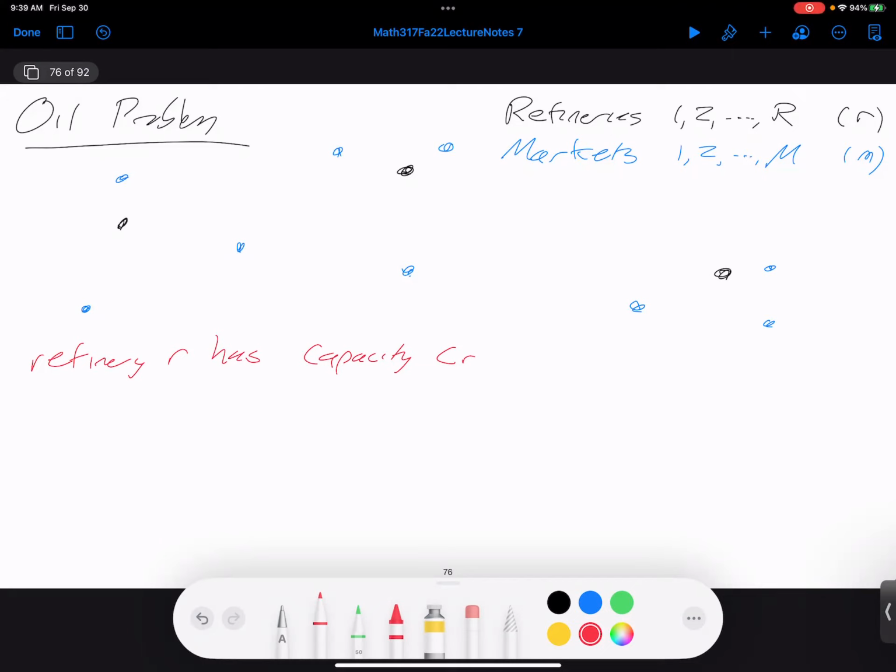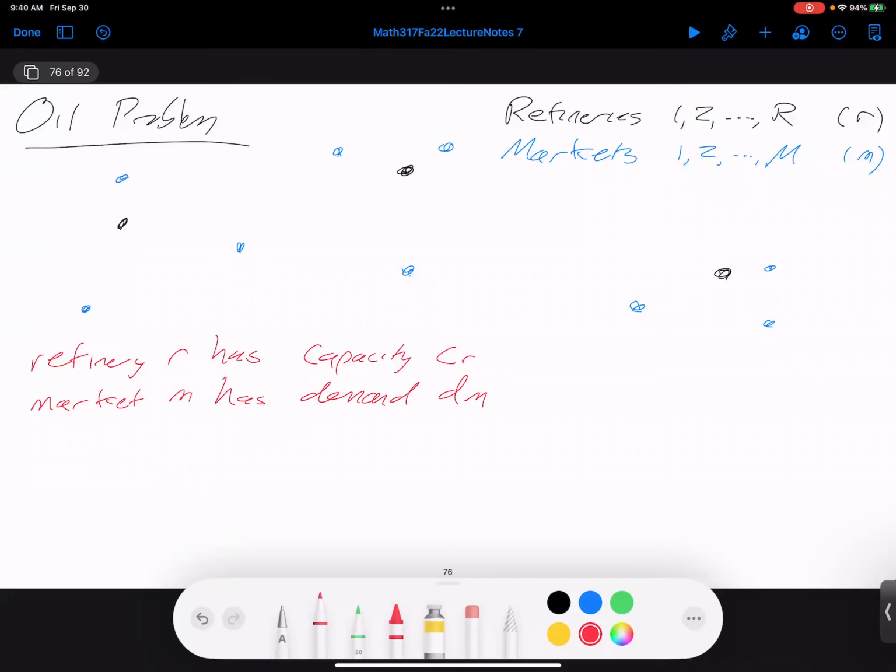Well, the markets will have demands. So market m has demand, maybe D sub m. Okay. And there's one more piece of information I need when I'm trying to decide how to ship oil from the refineries to the markets.